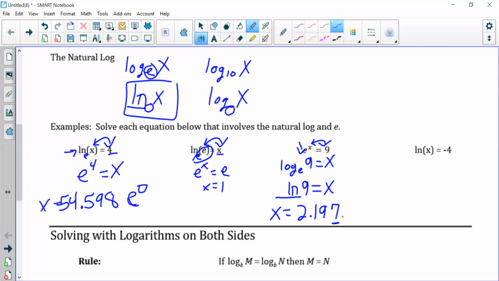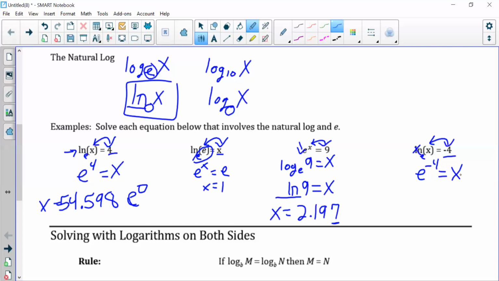All right, the natural log of x equals -4. Remember, natural log is base e. So let's rewrite this as an exponent. Switch these places. This becomes an exponent. Log disappears. So e to the -4th power equals x. So what is e to the -4th power?